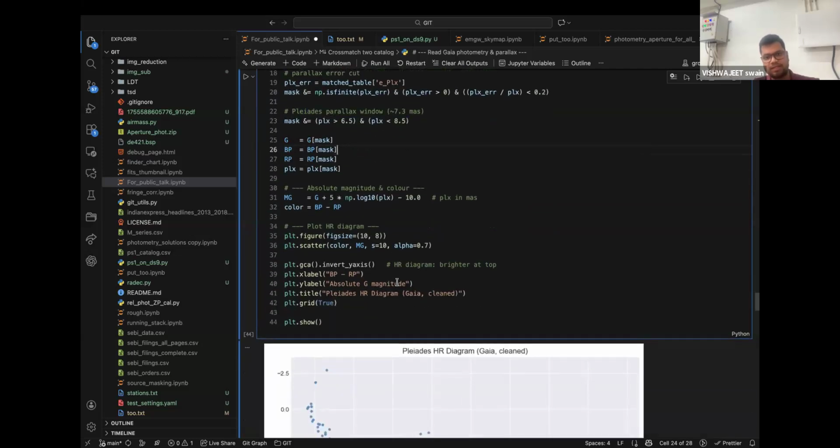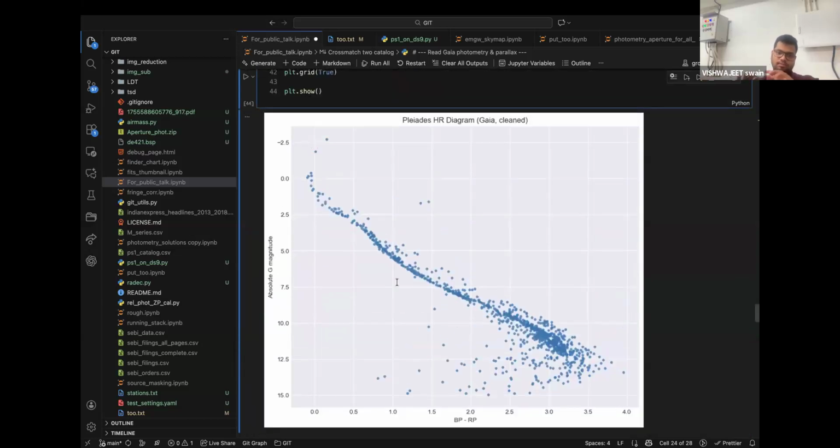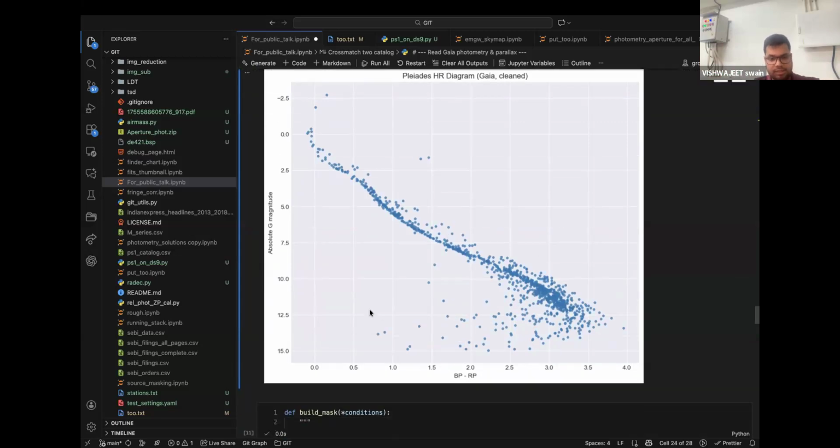And then we tried the same plot again. Here you can see it's filtered out. All the background stars get filtered out, and you are getting probably most of the stars here, the main sequence stars from the Pleiades cluster. There are still a few contaminants here, you can see.